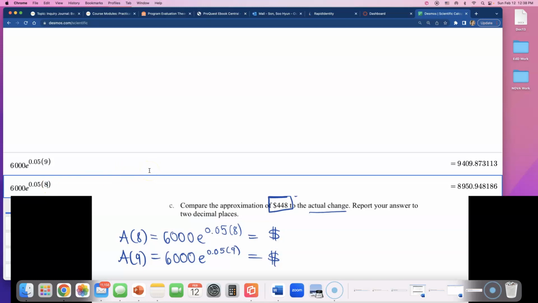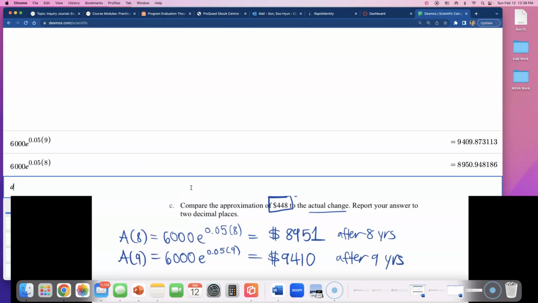So let me write this down. $8,951, that's after 8 years. $9,410 after 9 years. So what I want to know is the difference between these amounts, okay? I'll subtract 9,410 minus 8,951.